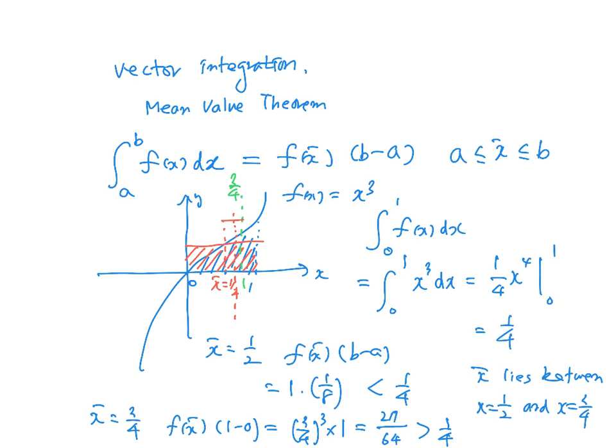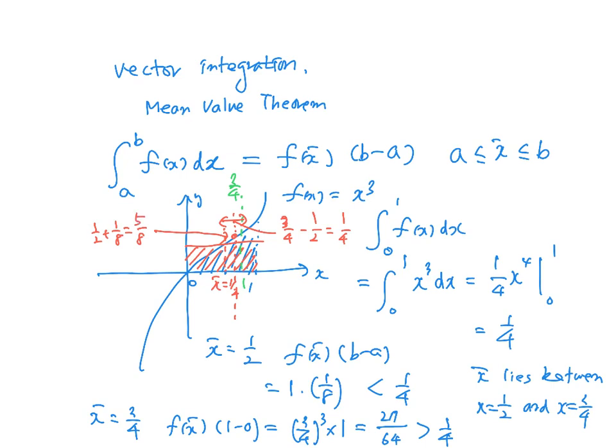The distance is 3/4 minus 1/2, which is 1/4, right? So you can choose some point in between. So we know that a center point is 1/2 plus 1/8, 5/8, right?